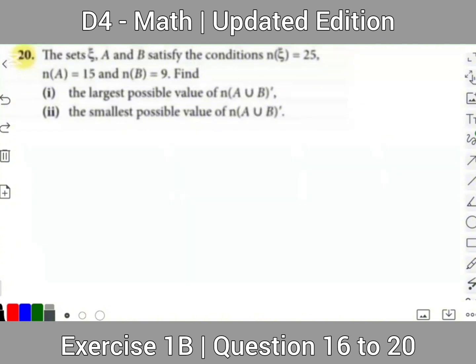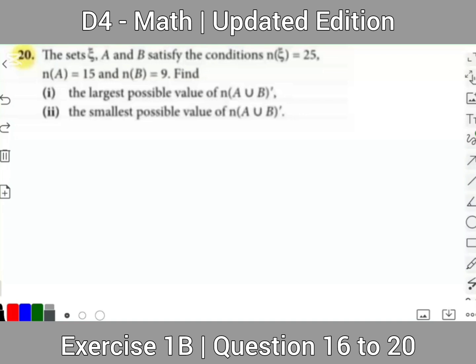Now in question 20, the sets eta, A and B satisfy the conditions. The number of elements in the universal set eta is equal to 25. The number of elements in the set A is equal to 15, and the number of elements in the set B is equal to 9. Now in question 20 part 1, we have to find out the largest possible value of n of (A union B) whole complement.